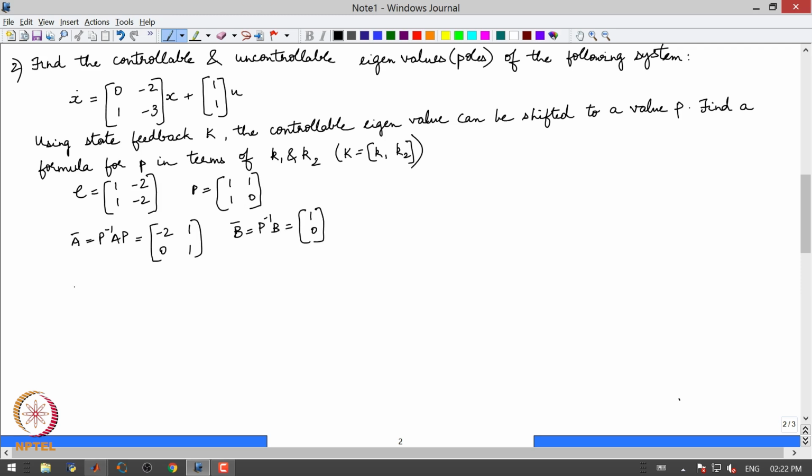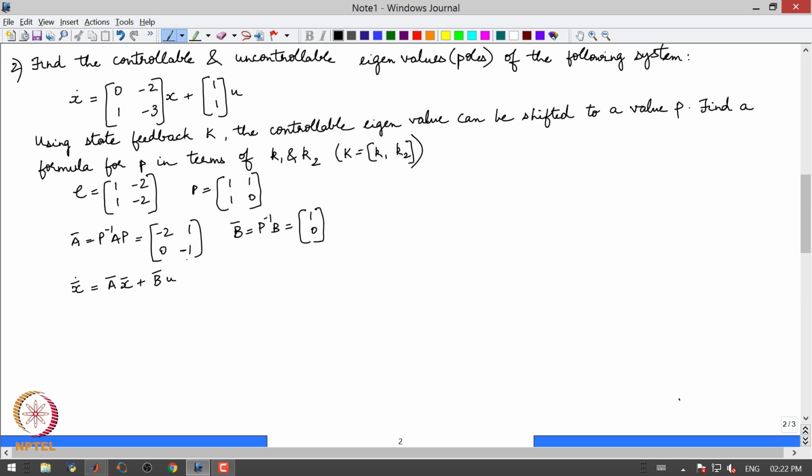So, the transformed system is A bar x plus B bar u. Now you can see that only the first state is controllable, which means the first eigenvalue is controllable, while the second eigenvalue is not controllable. Sorry, this is minus 1. So, what are the eigenvalues?